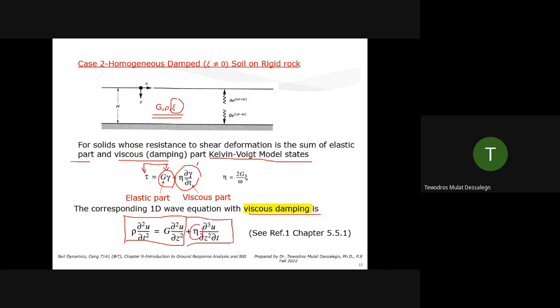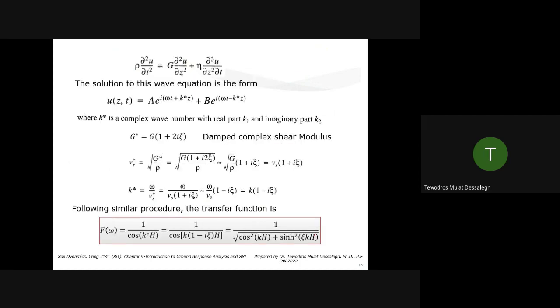The damping comes in this coefficient, and that coefficient has a damping value, 2G by omega and damping of soil. So this is the same wave equation, but now we included damping. You can see the detail of this equation in reference 1, chapter 5, section 5.5.1. That's the Kramer book.